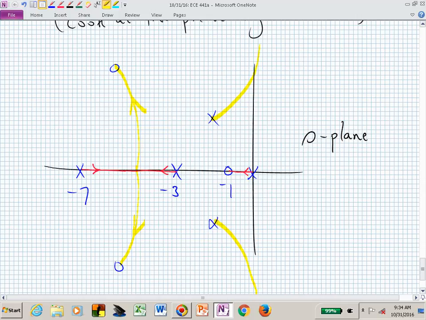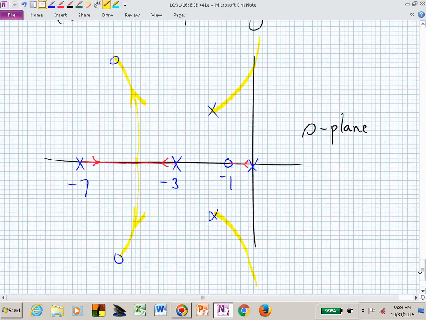But do you see that 3 of those branches terminated and 2 go off to infinity? The ones that I have sketched from the poles are moving off to infinity as k gets big. And in this case, if we actually cross the imaginary axis, we probably have a limit on how much we want to crank up the gain K before we go unstable.